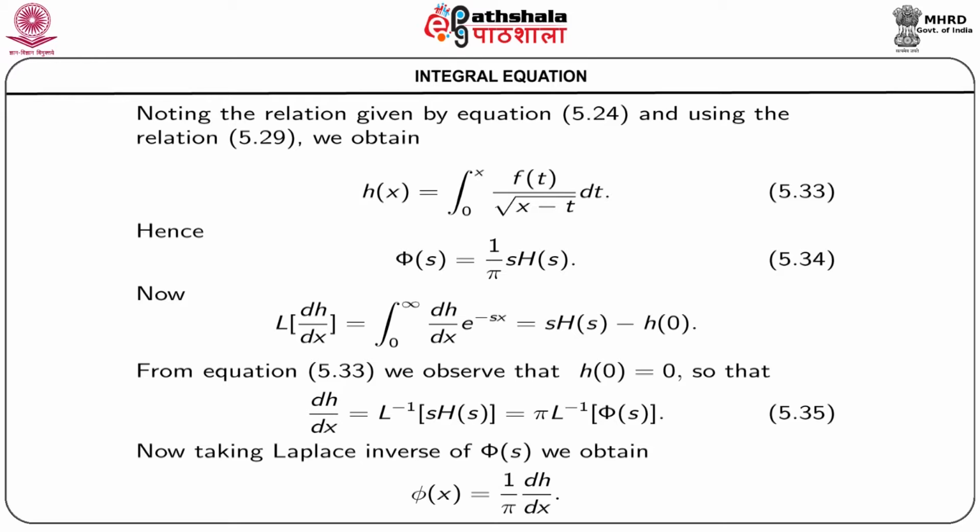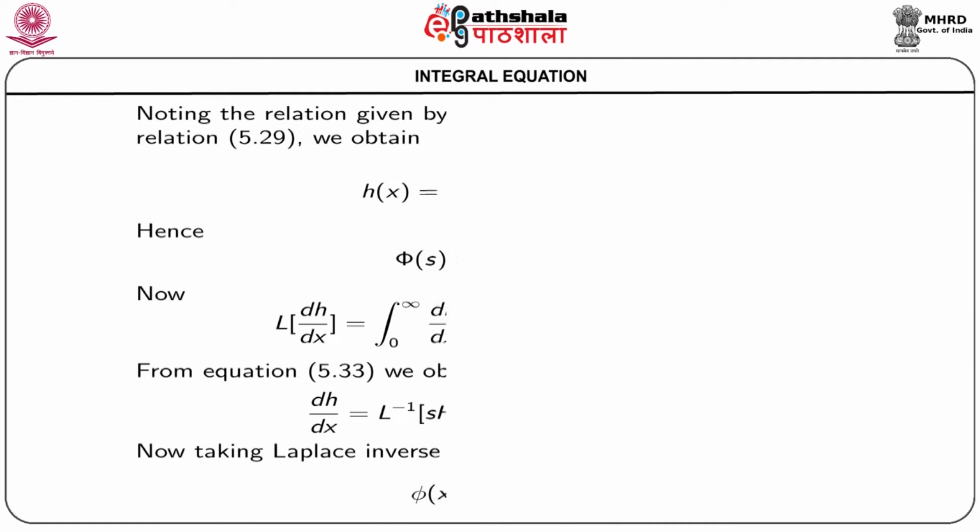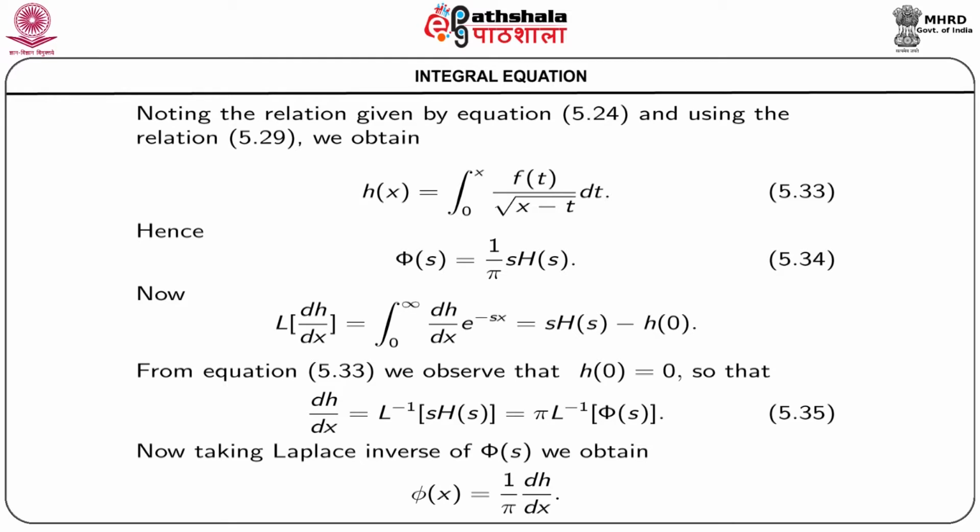So, with this small h x, we see that capital phi s is s by pi capital M s into capital F s as given by 5.30, and this product of capital M s and capital F s is H s. So, we can write phi s as 1 by pi s H s.